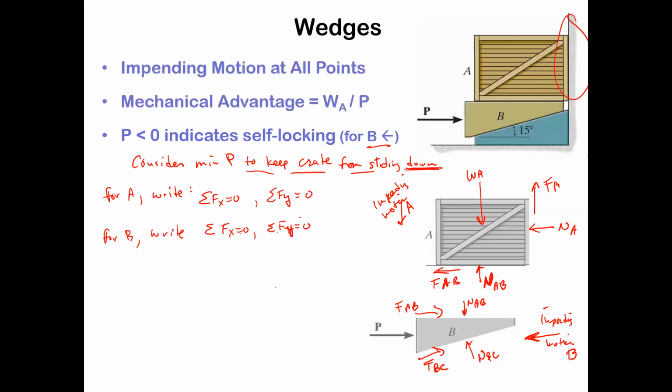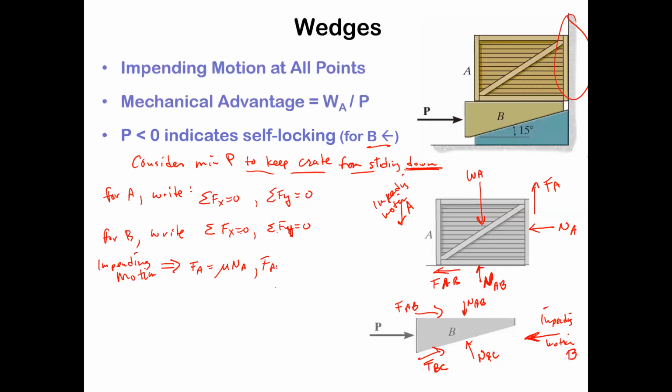You've got that 15-degree angle there, so some of that normal force at B on the bottom is going to be giving you a horizontal force. Impending motion, though, says that all of these friction forces are at their limit. F_A is at its largest possible value.